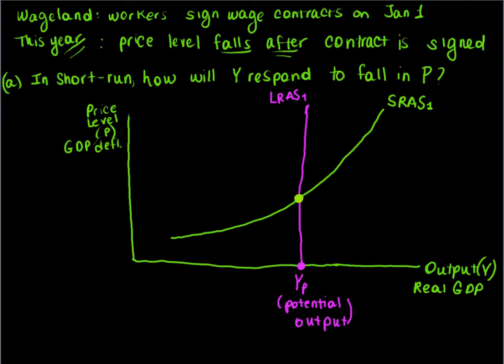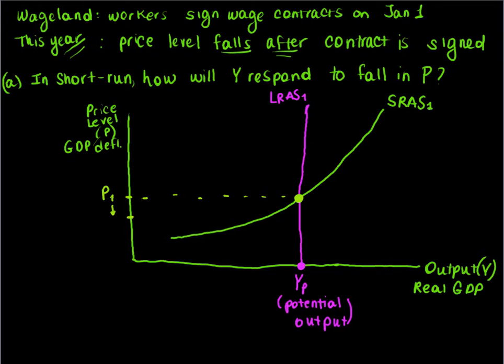So we were here, at P sub 1, our first price level. And then the price level fell, maybe from here to here. So now our price level fell to this second line down the vertical axis.